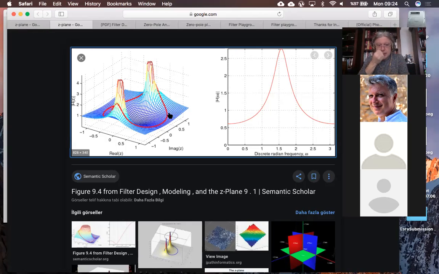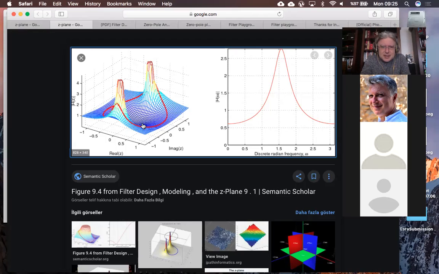It's a three-dimensional profile, and in this profile, as you come nearer to the pole, the value increases and then it decreases back at pi. So it's a bandpass. This thing looks like a bandpass filter, by the way, right?